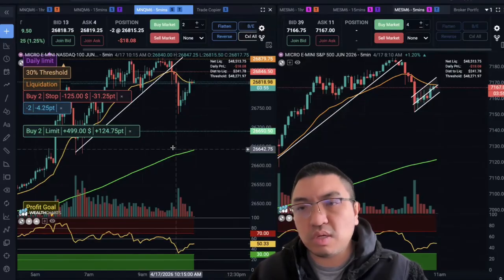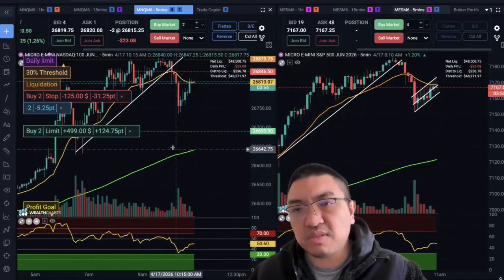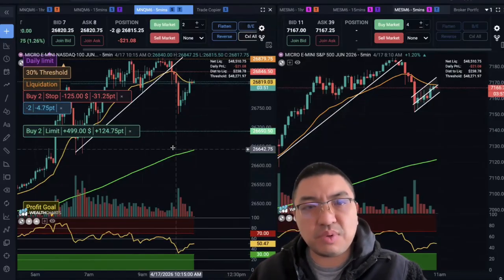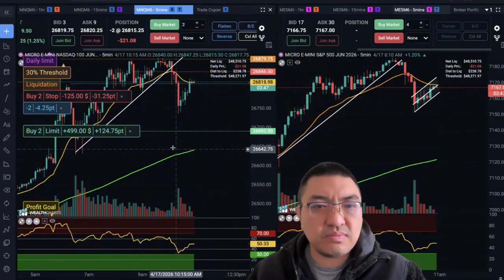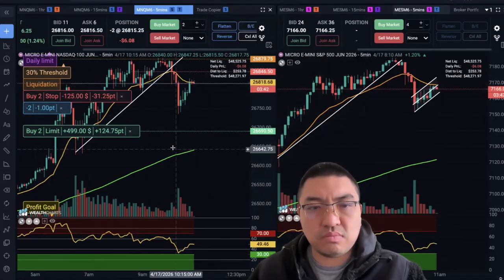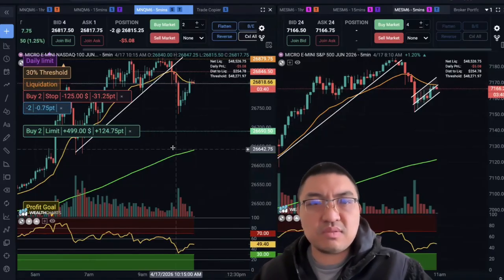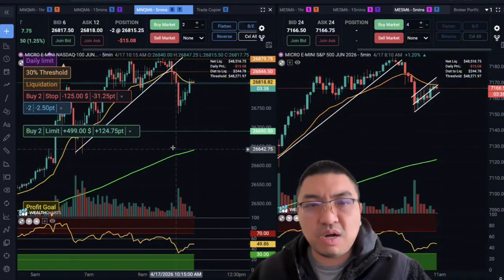Let's see how the EMA 21 performs defense after it breaks and switches to downtrend. Okay, big sellers come in, come out.